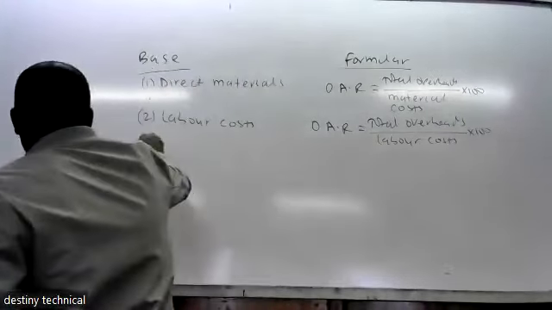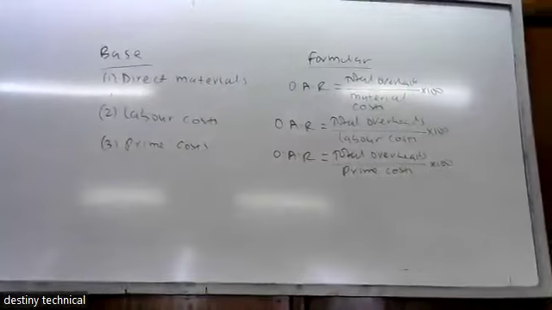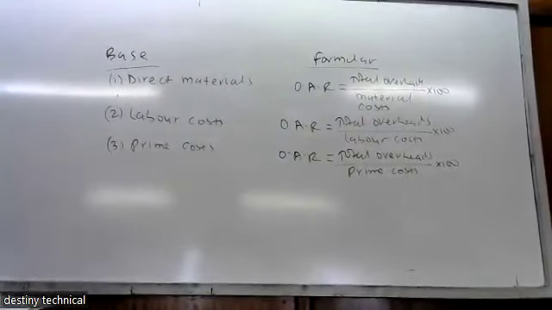If you have the prime cost, to compute the overhead absorption rate, you simply take the total overheads and divide by the prime costs. Then express it as a percentage.